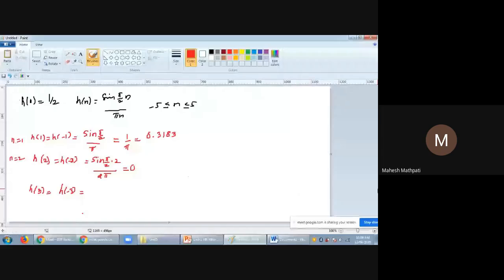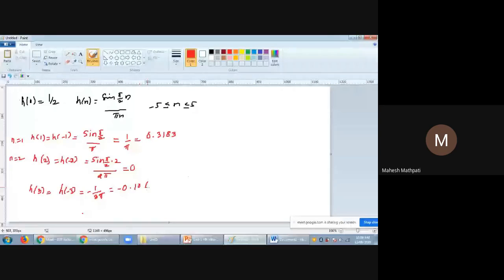What is the value of sine 3 pi by 2? It is minus 1, so minus 1 divided by 3 pi, which we write as minus 0.106.